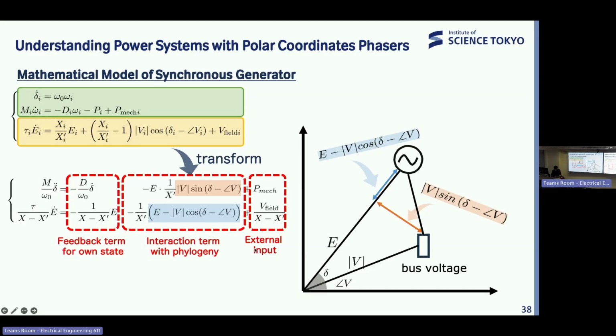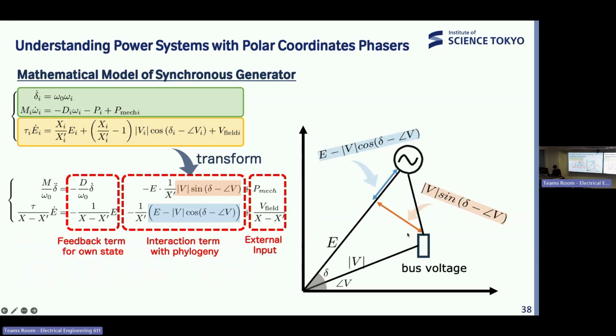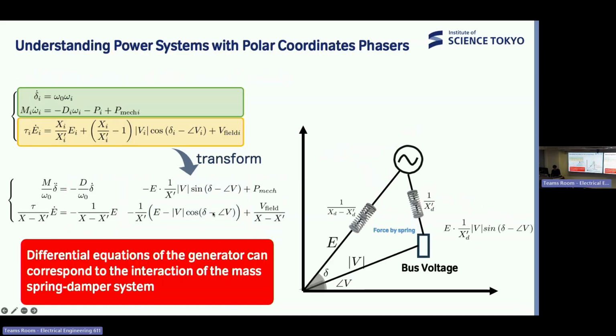So the red and blue terms correspond to the distance on this map. So the absolute value of V and sine of delta minus angle V is like this, and so on.